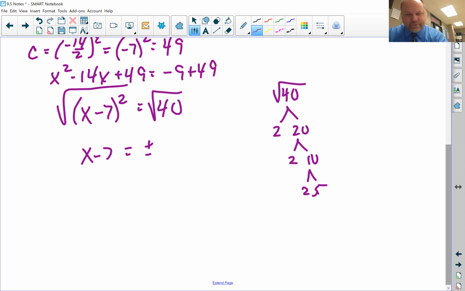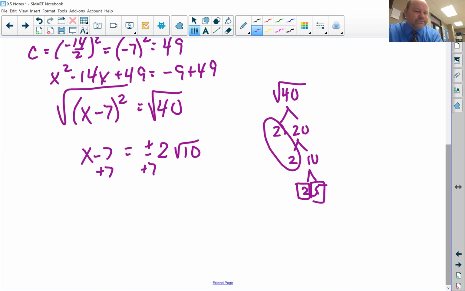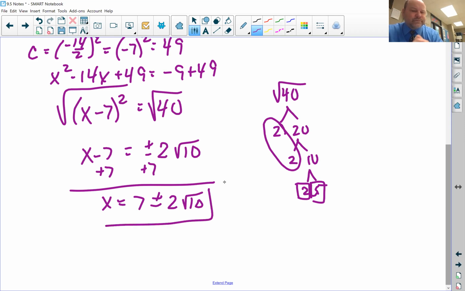So I do have a perfect square pair. So I'm going to have 2 square root 10, because 2 times 5 is 10. Now add 7 to both sides. And there's the answer.